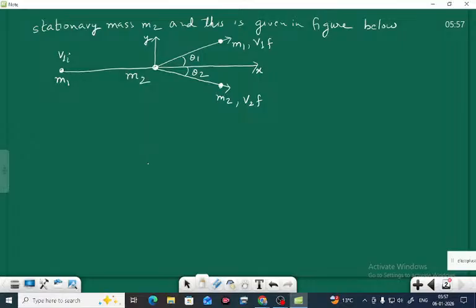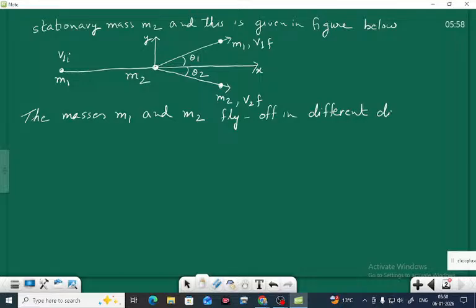The masses M1 and M2 fly off in different directions.